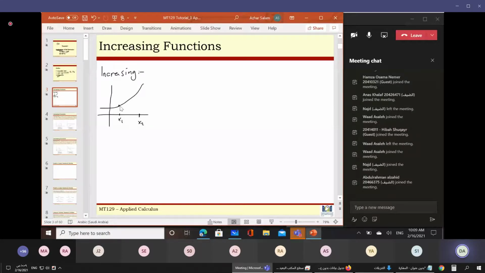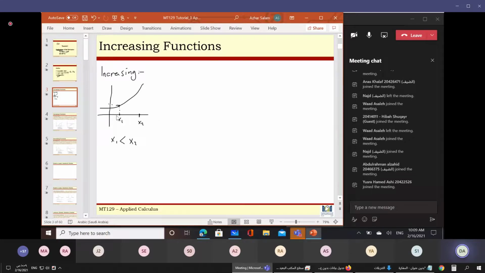Notice here on the line, I have that x1 is less than x2, من الترتيب على خط الأعداد, from the number line, right? The left number is the lesser one, x1 less than x2. So I write it like this.